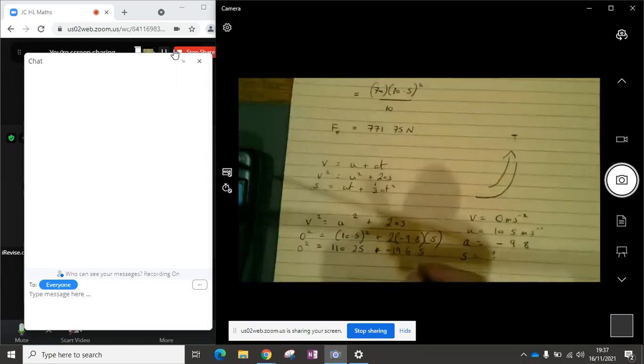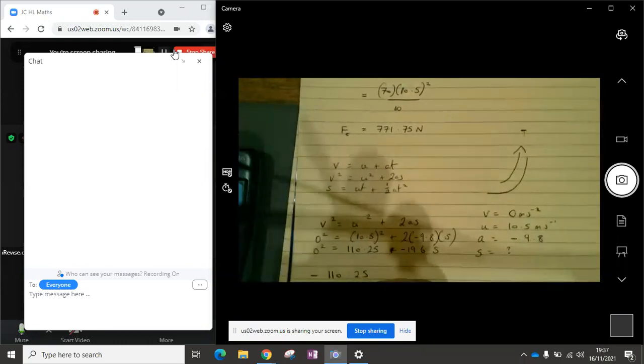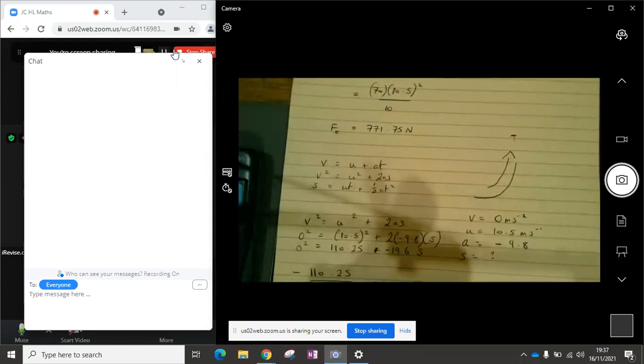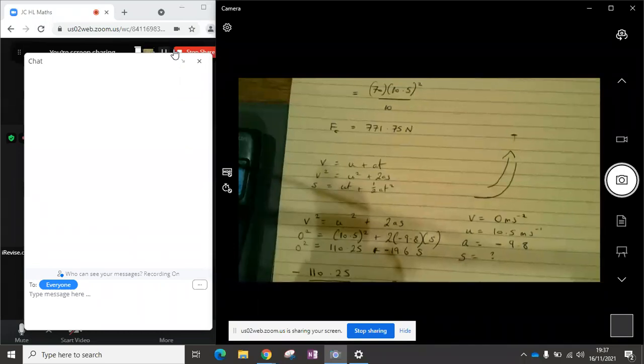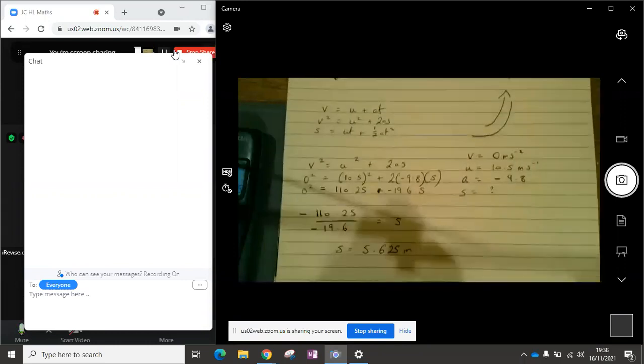Move everything around to get s on its own: s is equal to 110.25, negative, all over minus 19.6. S is going to be equal to 5.625 meters. 5.625 meters is the answer. That is all that question done.